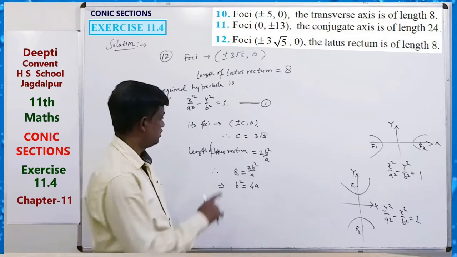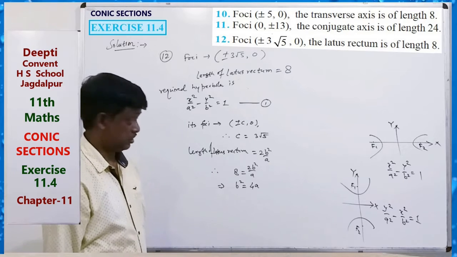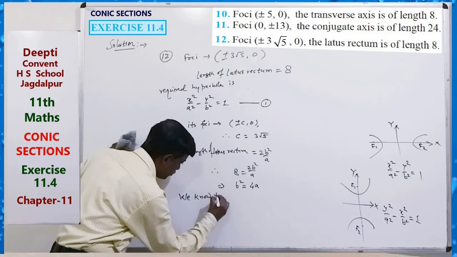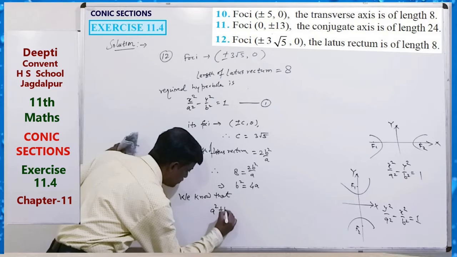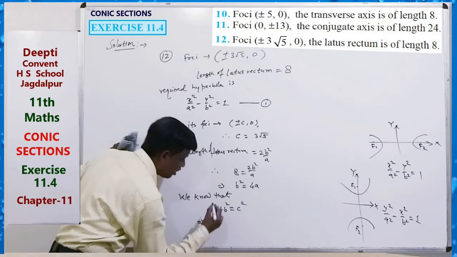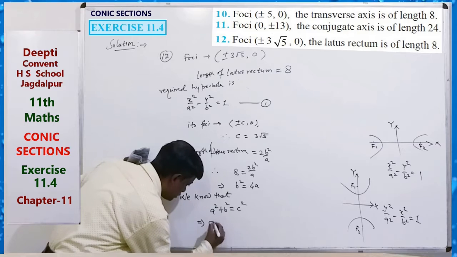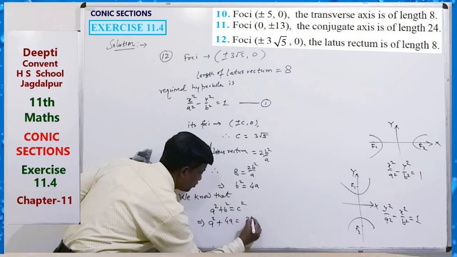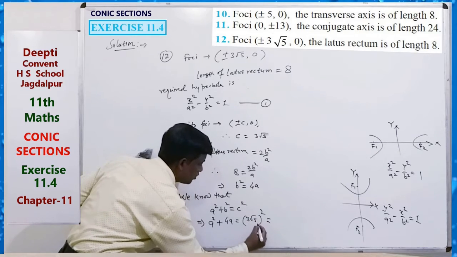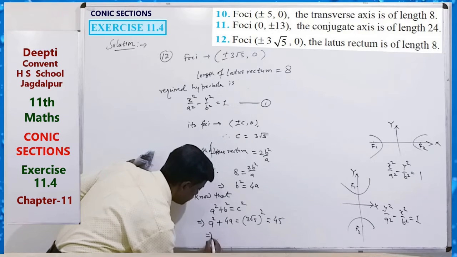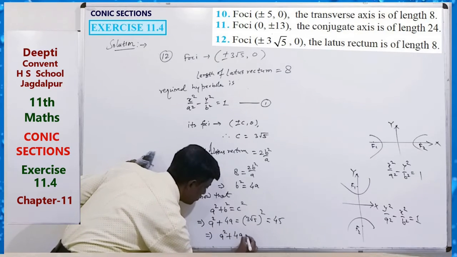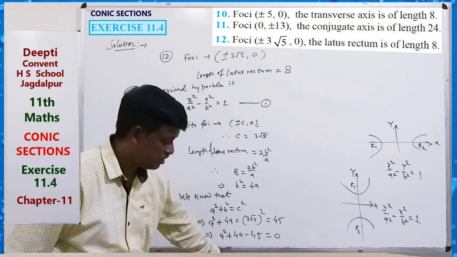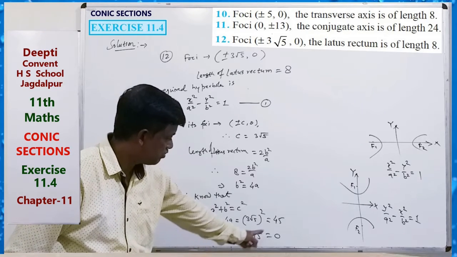Now we have to find this, we know the relation a square plus b square equals c square for a hyperbola. A square plus b square equals 4a, c equals 3 root 5, square is 45. So this implies a square plus 4a minus 45 equals 0. This is a quadratic equation in a.